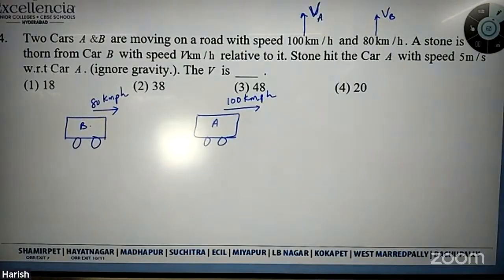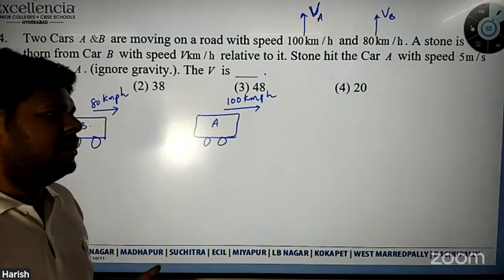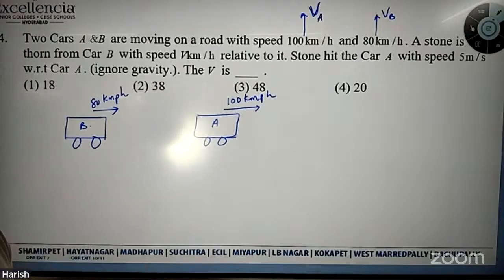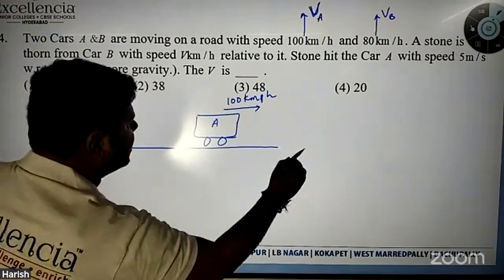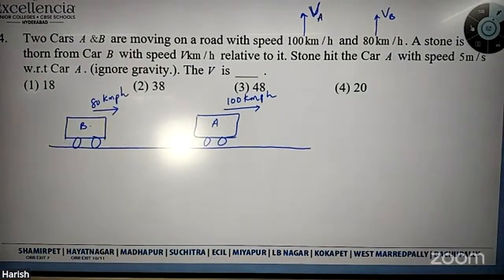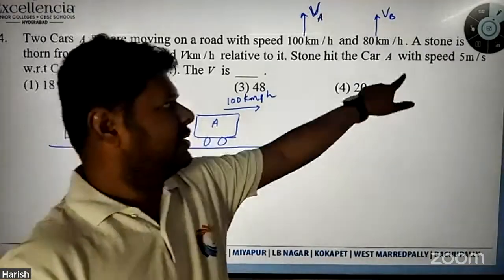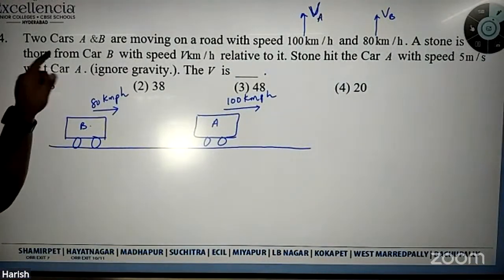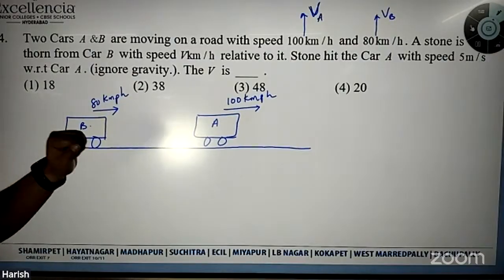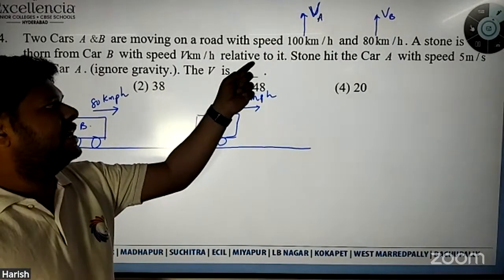This is actually a direct question on relative motion, relative velocity. The concept is relative velocity, but the problem is a straight formula based question. So this is a diagram as per the given situation. Now look at the second line: a stone is thrown from car B with a speed V kilometers per hour relative to it.